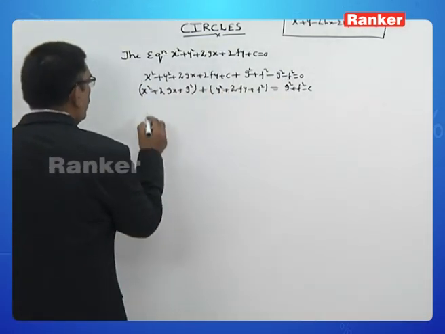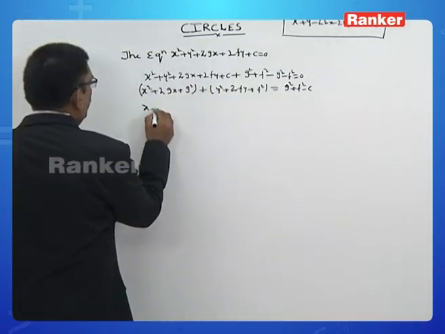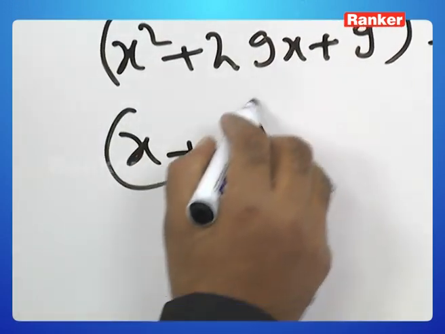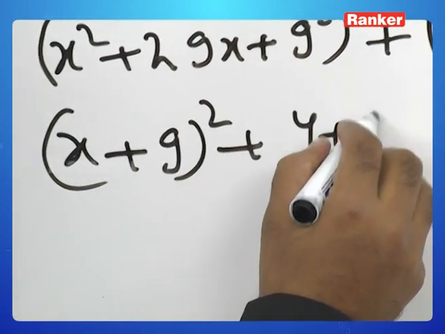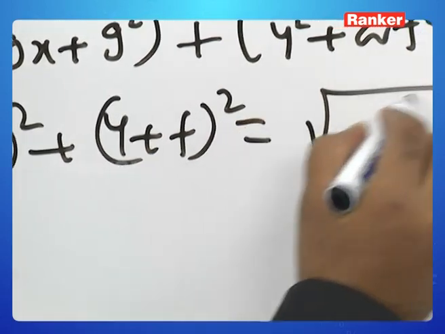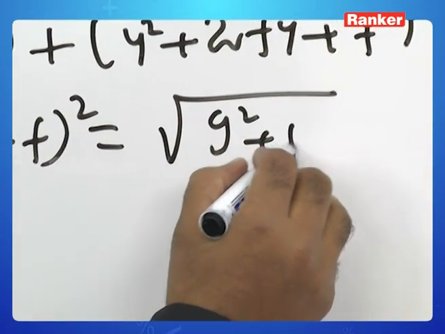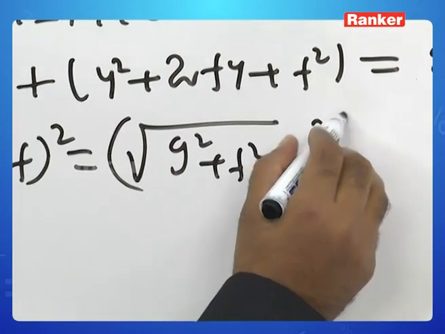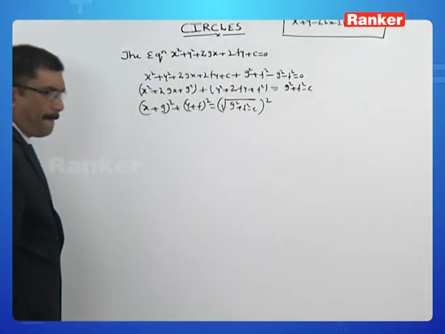So therefore I can write this as a perfect square: x plus g whole square plus y plus f whole square is equal to the square root of g square plus f square minus c, whole square.